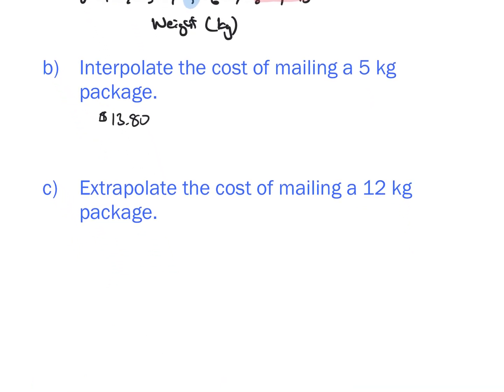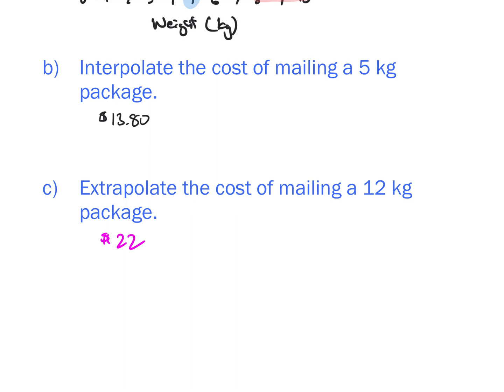Now, when we extrapolate that, we are assuming things. And when we are assuming things, sometimes we can put ourselves in a situation where we're getting a wrong answer. So that's why we have to be careful when we assume things, but we have no other information to base this answer off of.